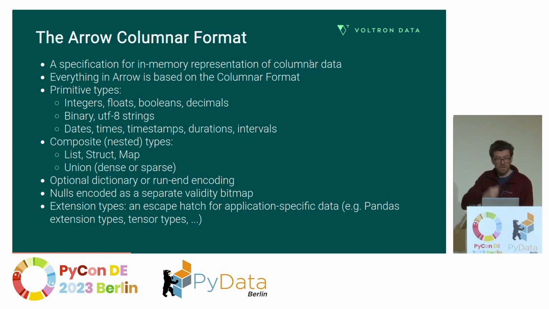It also, in contrast with typical array libraries, has support for missing values for all data types. And Arrow specifically does that by defining a bitmap, so basically a separate mask, keeping track of where you have valid or missing values.